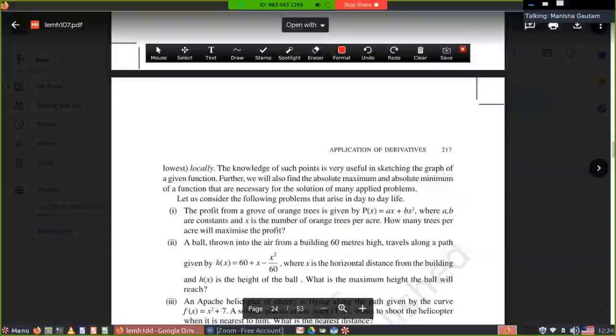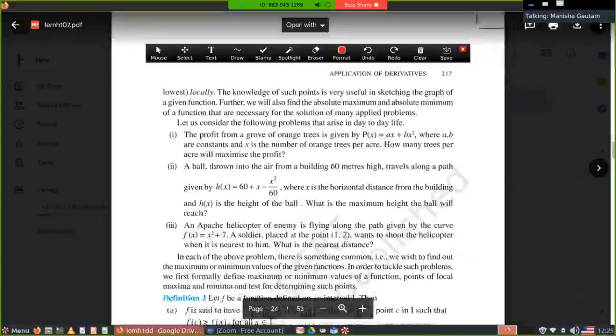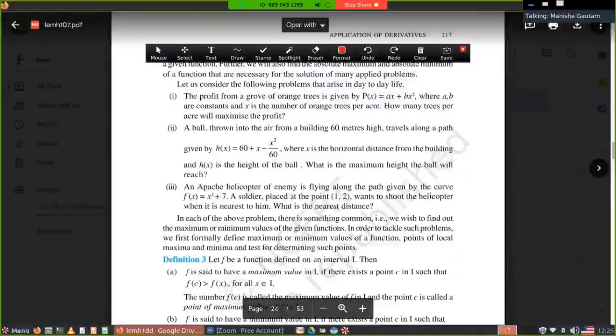Next, the third example: an Apache helicopter of the enemy is flying along the path given by the curve f(x) = x² + 7. A soldier placed at the point (1, 2) wants to shoot the helicopter when it is nearest to him.